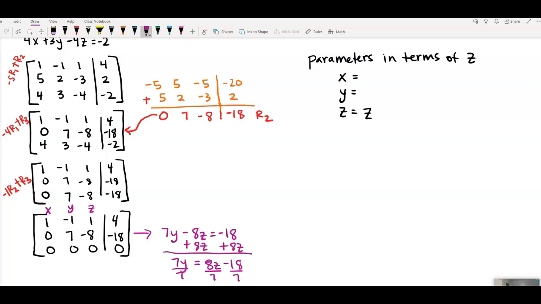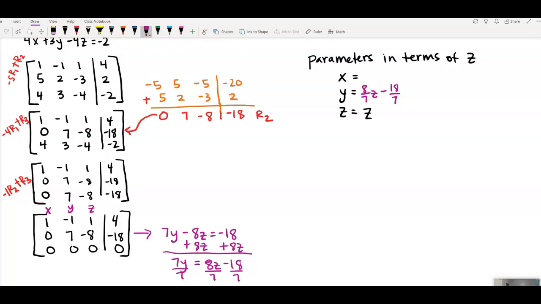So y equals 8/7 z minus 18 over 7. Right? Or it's the same thing if you did 8z minus 18 all over 7. Could write it that way as well. All right, so there's that.